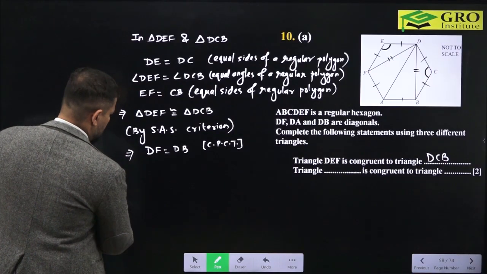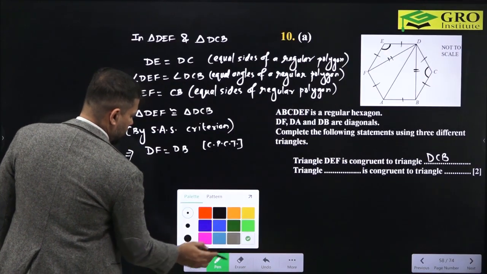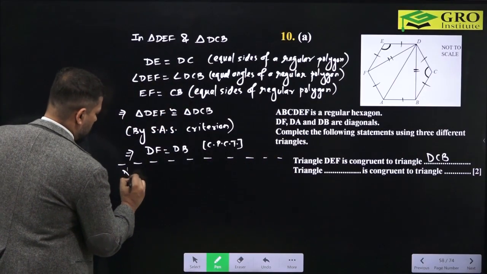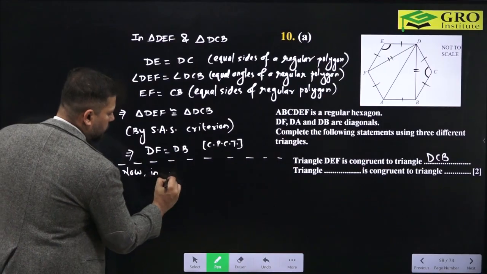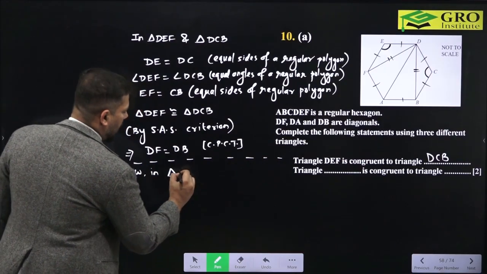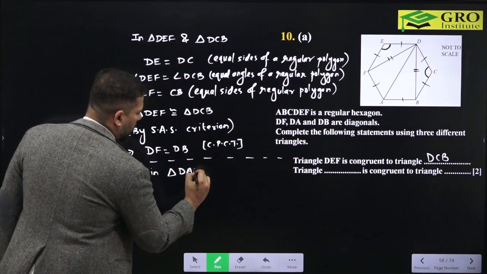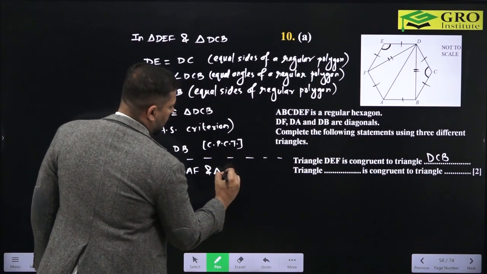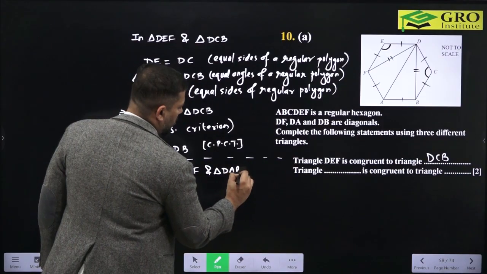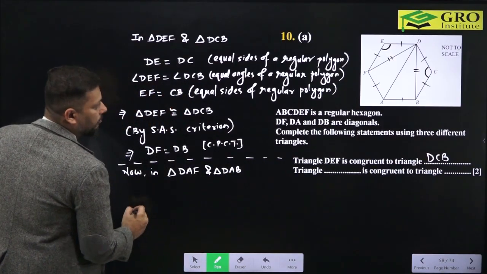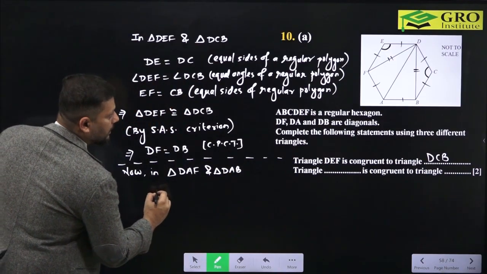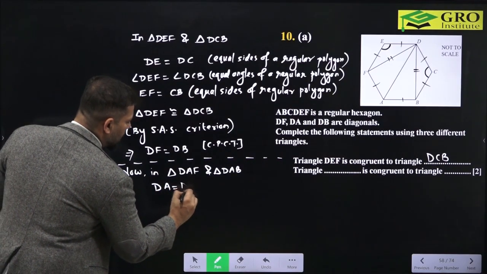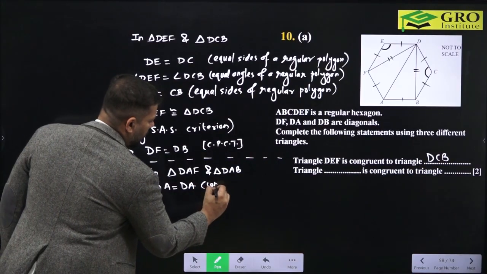Now in triangle DAF and triangle DAB, what we see, first of all, DA is equal to DA, being the common side, isn't it?